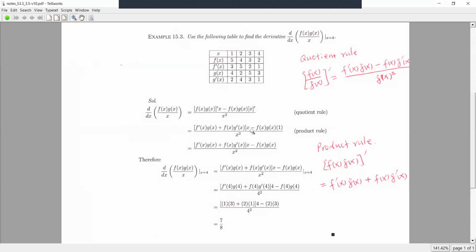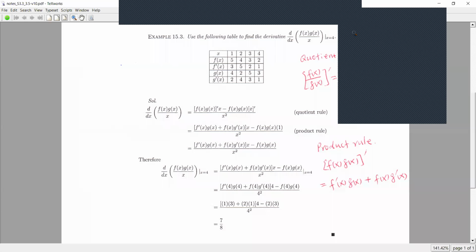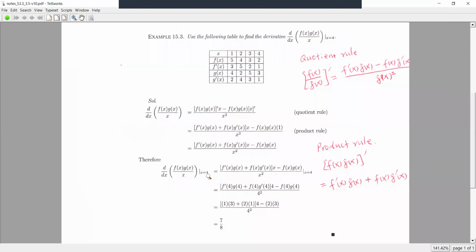Simplify this expression a little bit, then we have this equation. This is the result of this derivative. Now, plug in the number 4 for x, then we have this equation.